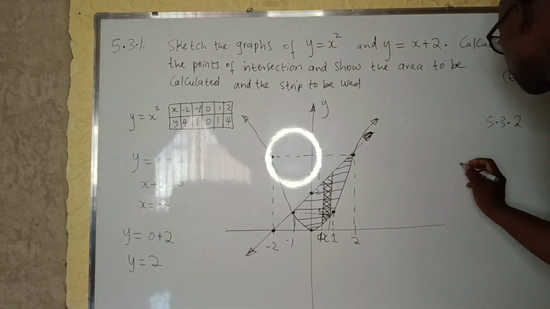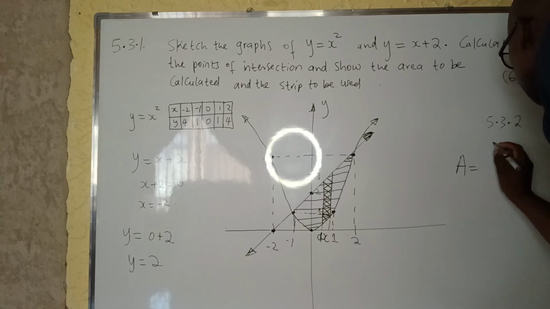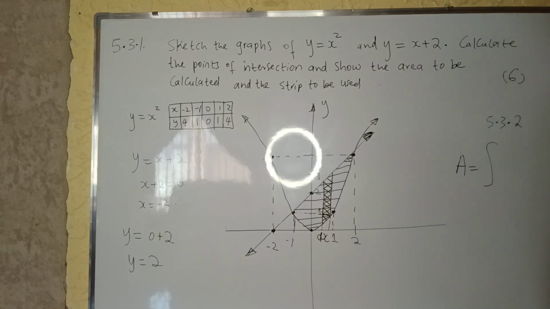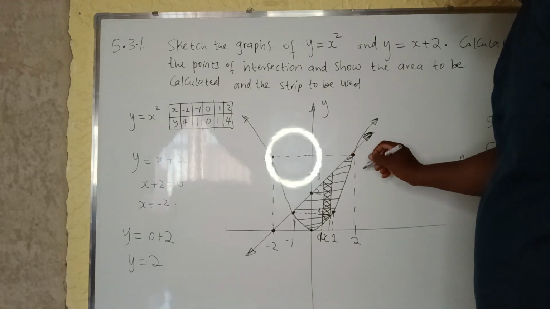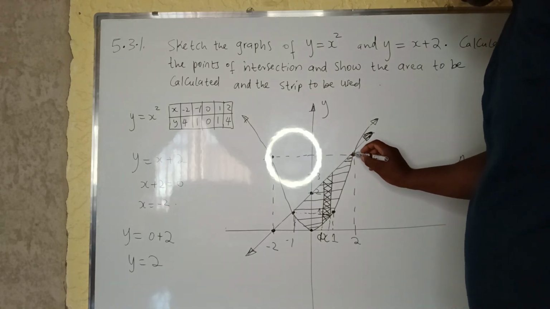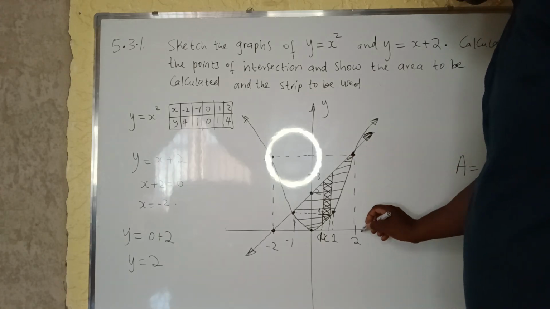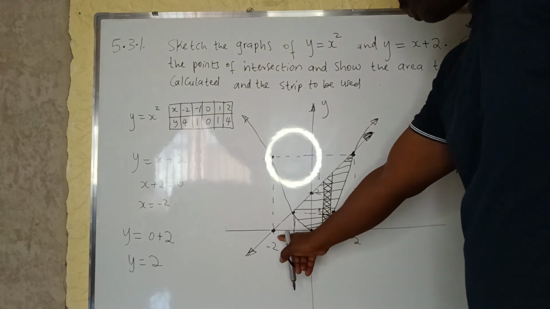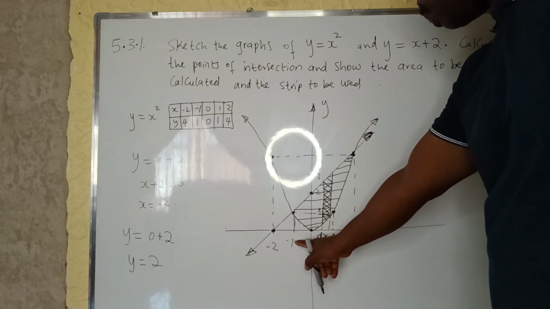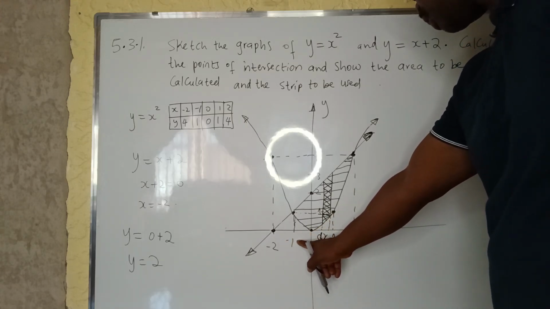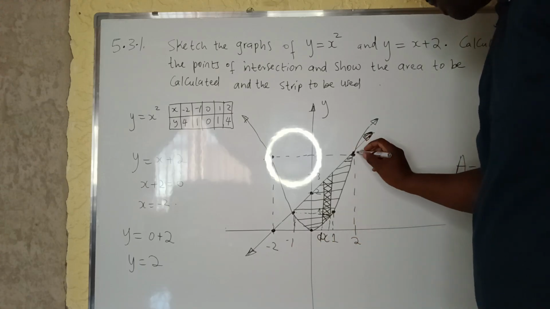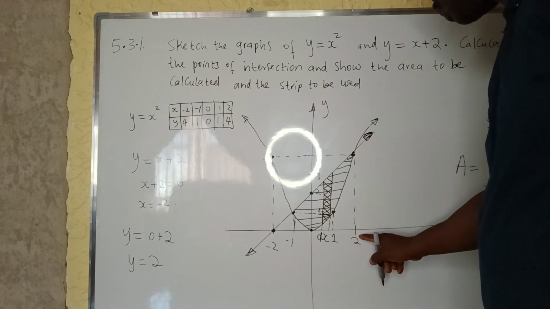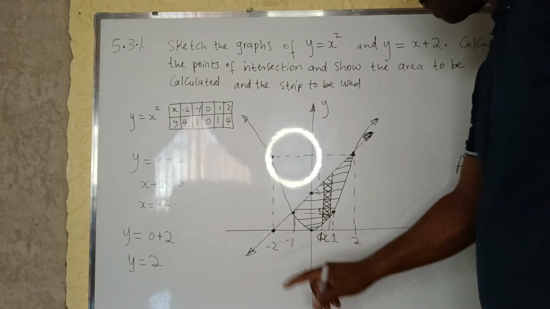So that area, the integral, look at the parameters. The parameters are here. There is this graph that is touching it at 2 and also at -1. You can see the maximum intersection point is 2 and then there is -1 there.